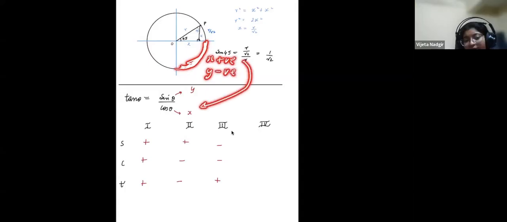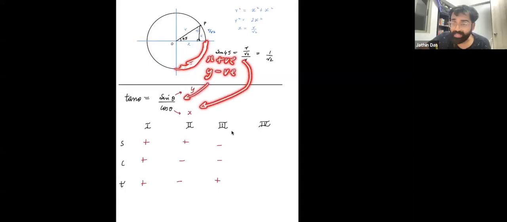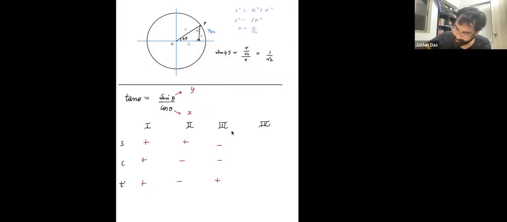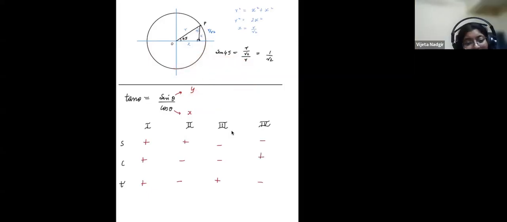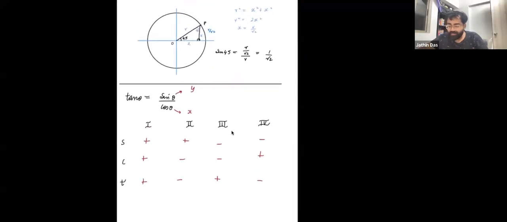So cos will be positive, sin will be negative. So tan is also negative. So you will just have to remember: first quadrant, everyone is positive. Second quadrant, sin is positive. Third quadrant, tan is positive. And fourth quadrant, cos is positive.